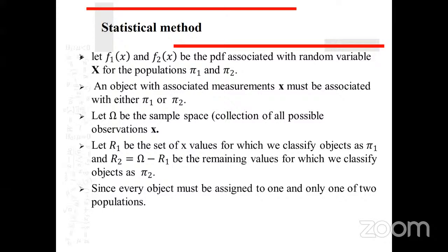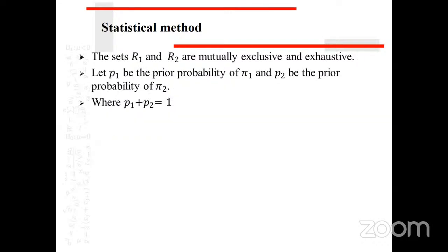Let R1 be the set of X values for which we classify the object as pi1, and R2 is the omega minus R1 set. The remaining values we classify into population pi2, since the very objective is to assign our subject into one of the two populations. The sets R1 and R2 are mutually exclusive and exhaustive.